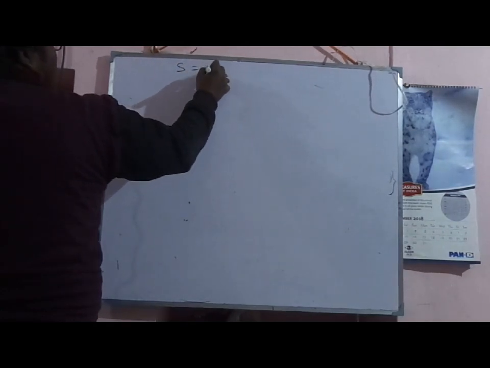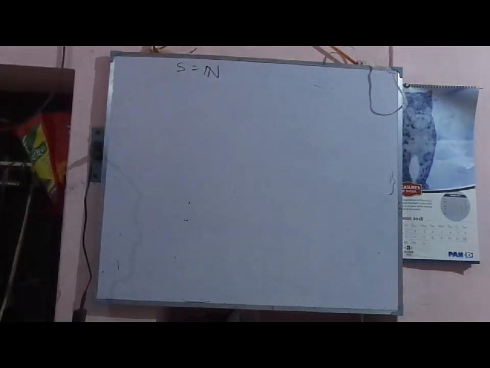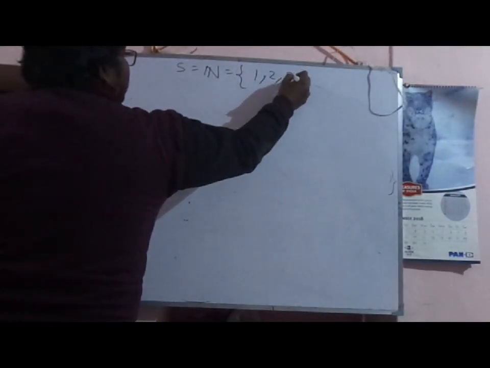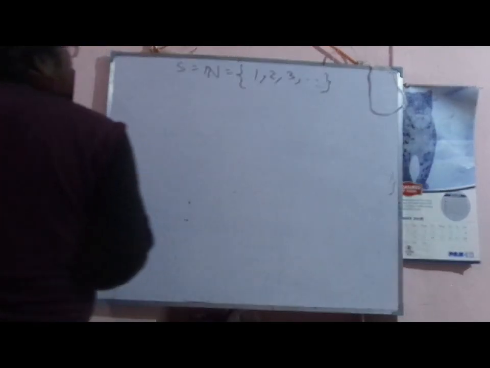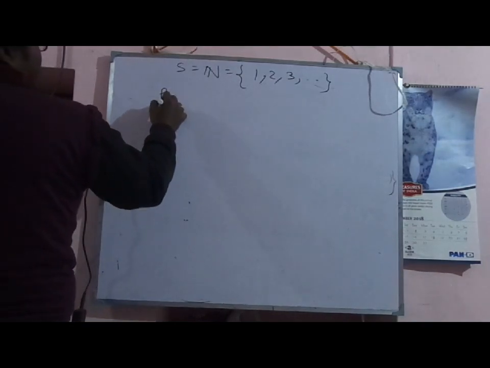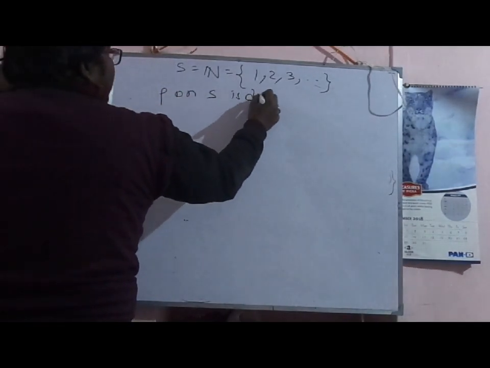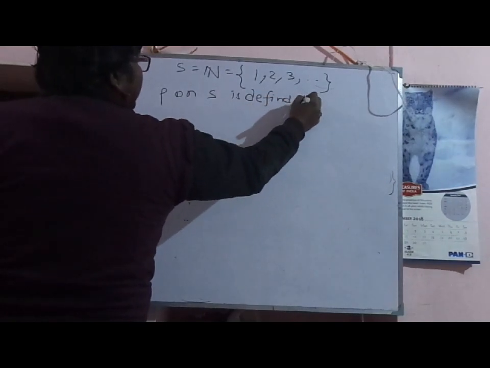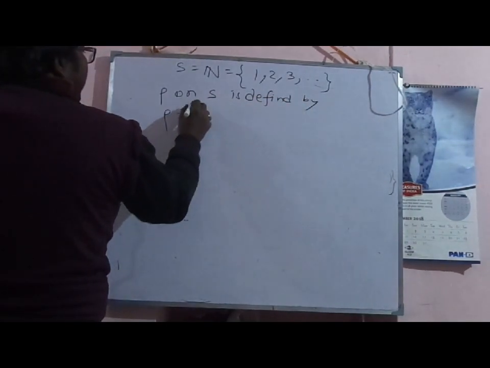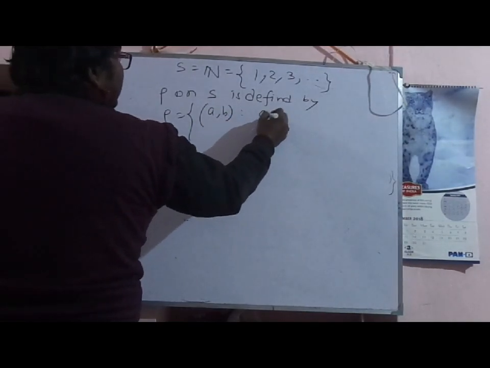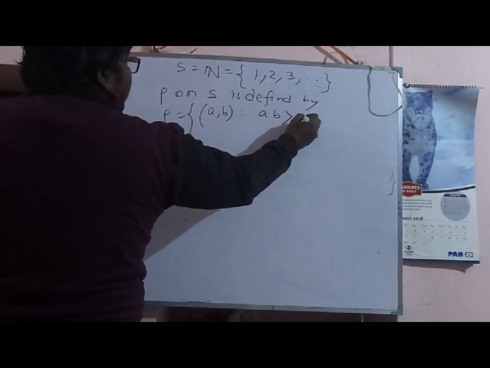Suppose this is the set of all natural numbers, that is 1, 2, 3, like this, and rho is a relation on S such that a rho b if ab is greater than 0.